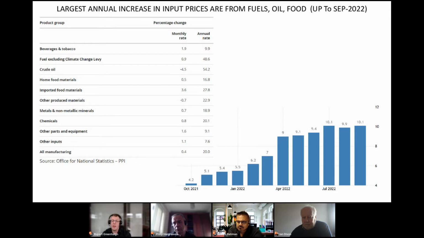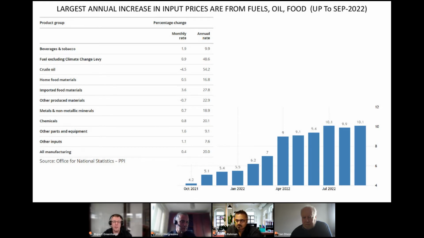They're probably expected to be around 11% by the end of this quarter. In the longer term, the inflation rate is projected to be between 6 and 7% in 2023, falling back to around 3.5% in 2024. But you cannot be exacting.